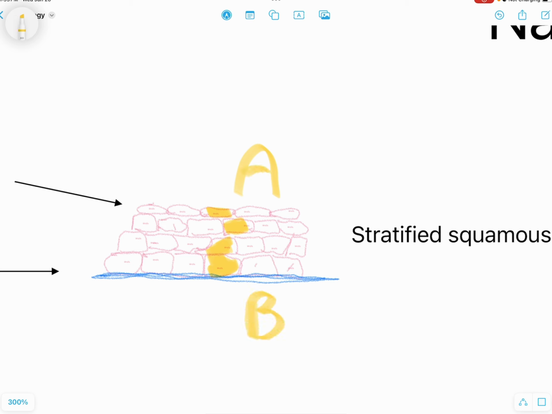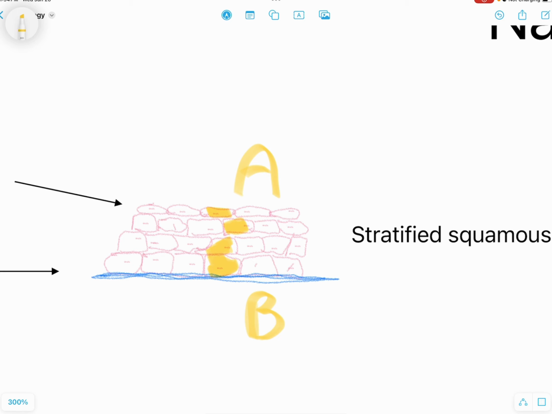The cells up near A, at that outer layer, are flat, so I'd call them squamous. The ones at the bottom look cuboidal. So what am I going to call this? I need some type of convention that says where I am going to look at the cell to determine its shape.